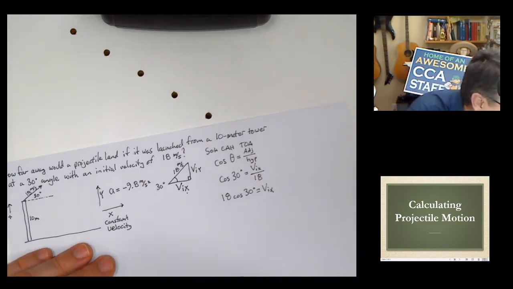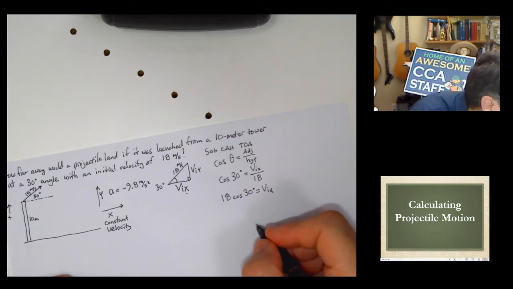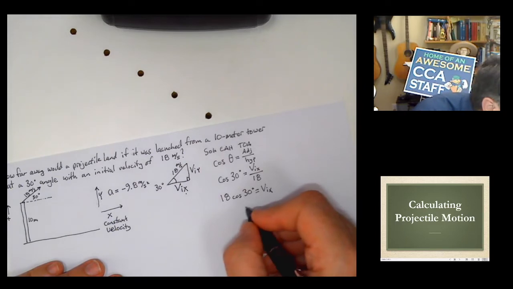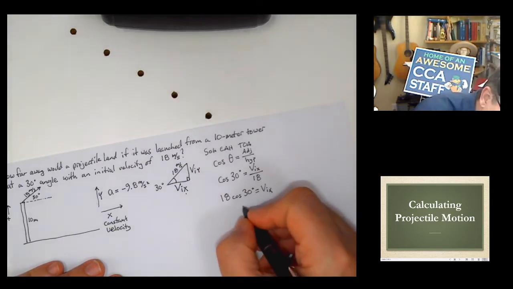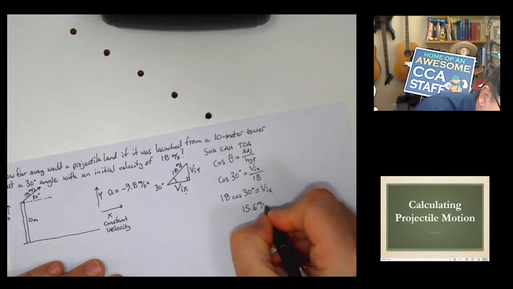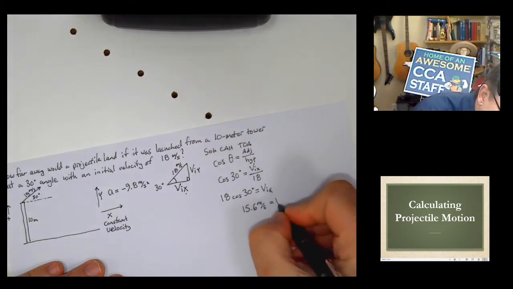If you multiply that out, you get 15.6 meters per second as our initial velocity in the x direction.